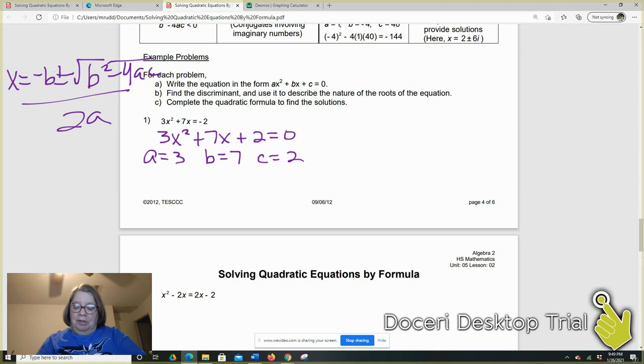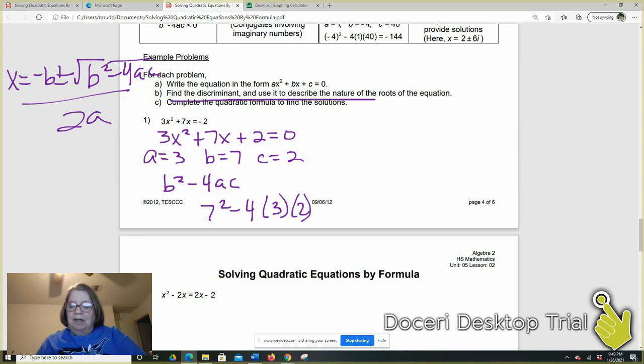Or you can find the discriminant first, because that discriminant is going to tell you, do you see this where it says find the discriminant, use it to describe the nature of the roots? This is 49. 4 times 3 is 12, times 2 is 24.